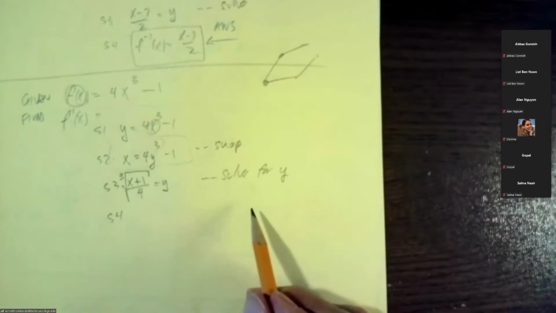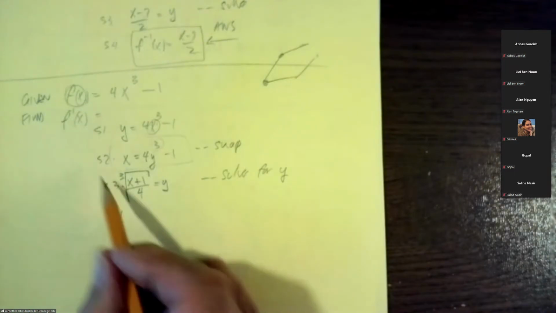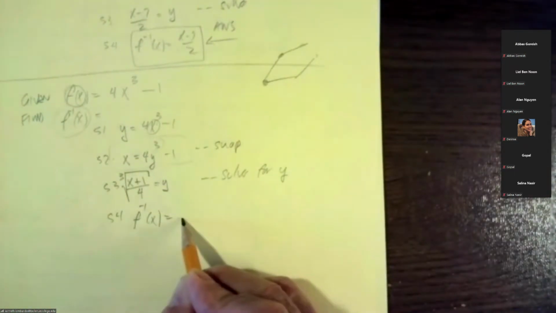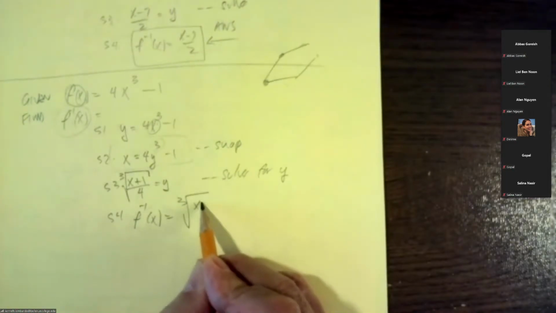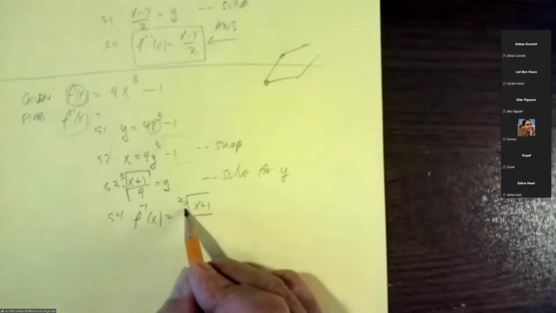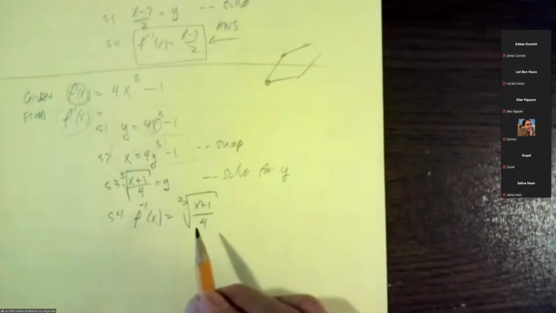Okay, good. And then the last step: the inverse of f of x equals the cube root of x plus 1 over 4.